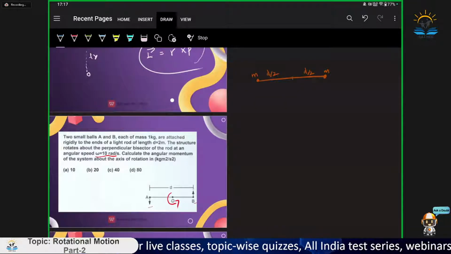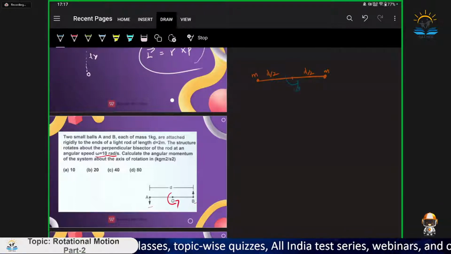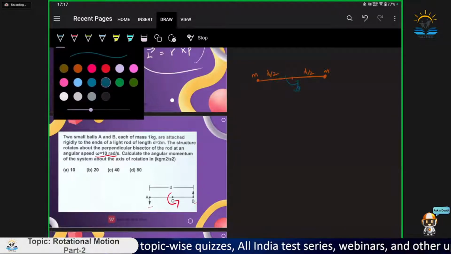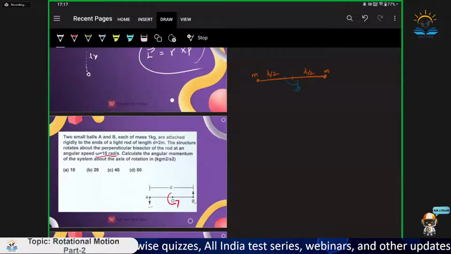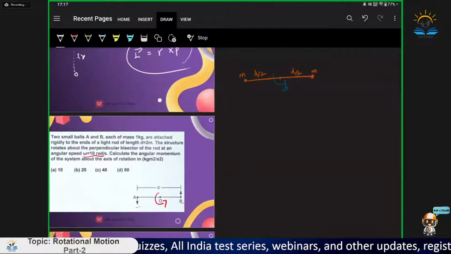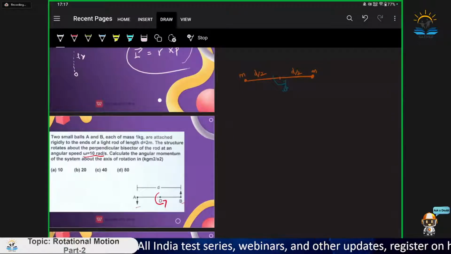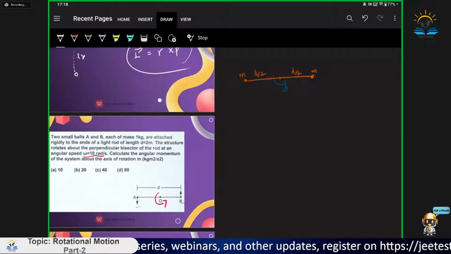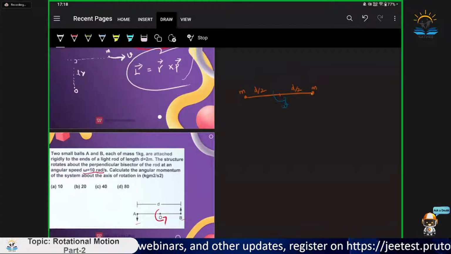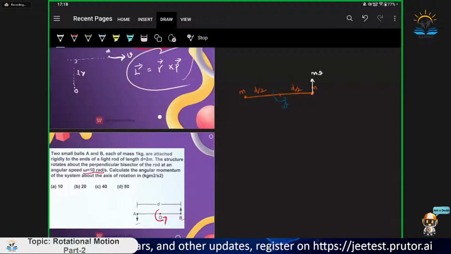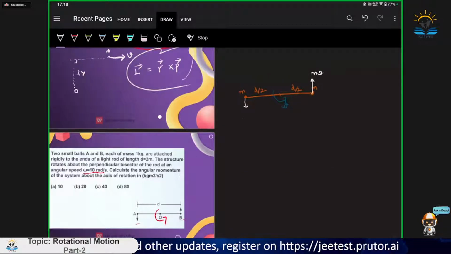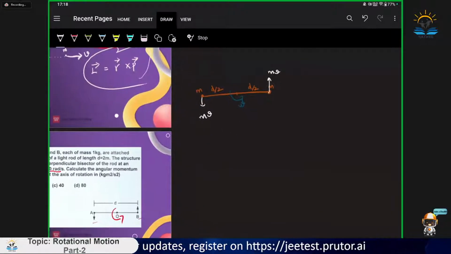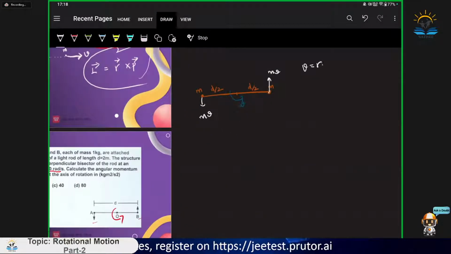This is rotating with omega angular velocity. So at this point, this m will feel a velocity, that will be mv upwards. Here it will be mv downwards. And here v will be r omega. Very simple, right?